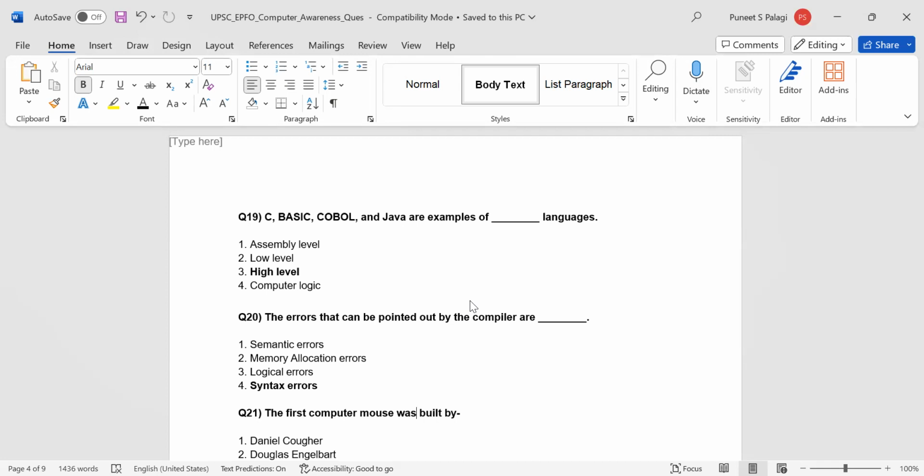Okay, so if you don't write the structure properly, the program will not execute and you will not get the results. So when you do syntax errors, the compiler will tell you there is something wrong, so it cannot be executed. So you have to go and check what is that error, what is that syntax error.